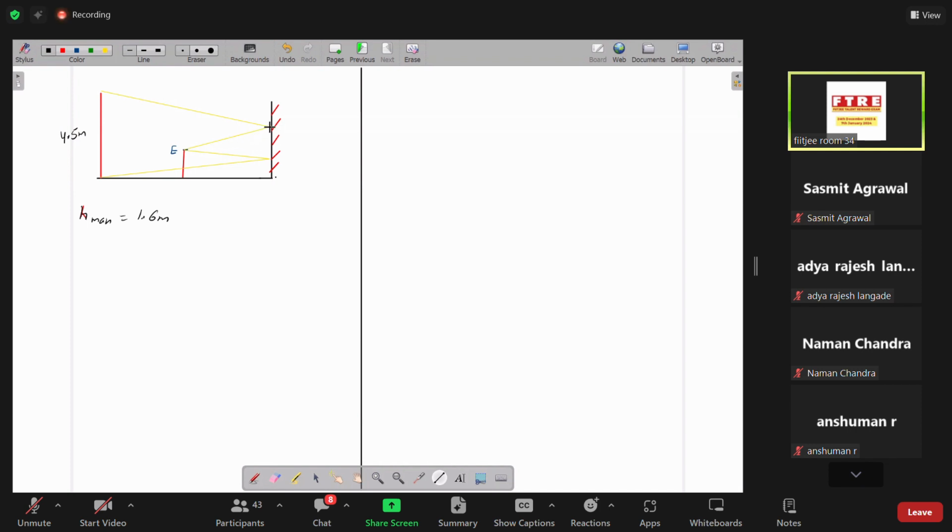And let's draw the normal like this. Let's do the naming. This point is A, this point is B. From the figure it is clear that AB is the useful length of the mirror which is needed. And say these points are P, Q, R, and S.